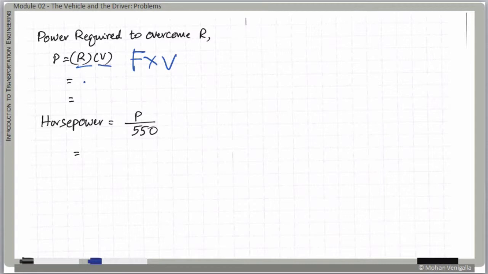So let's do this. 208.2 lb force times velocity, which is 1.47 times 90, since we are converting to feet per second, and that will come out to 27,540.